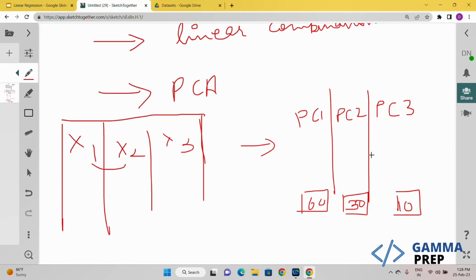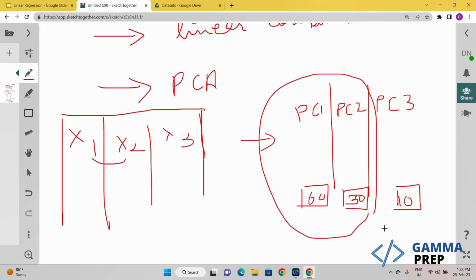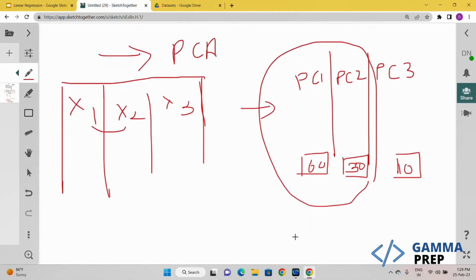If you want, you could use just the first two, because 90% of the information of the data is captured by them. In PCA, generally it's used for dimensionality reduction, and one other advantage is that all the highly correlated variables align in one of the principal components.